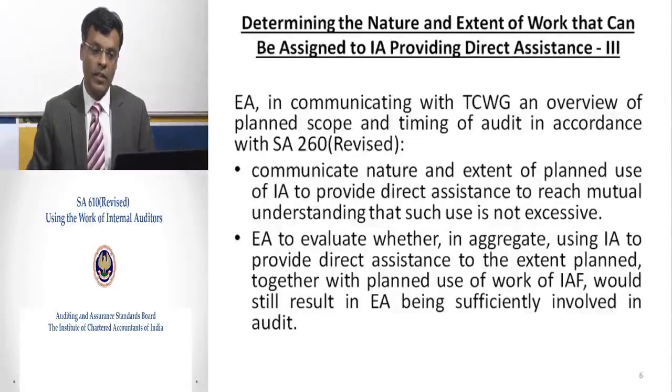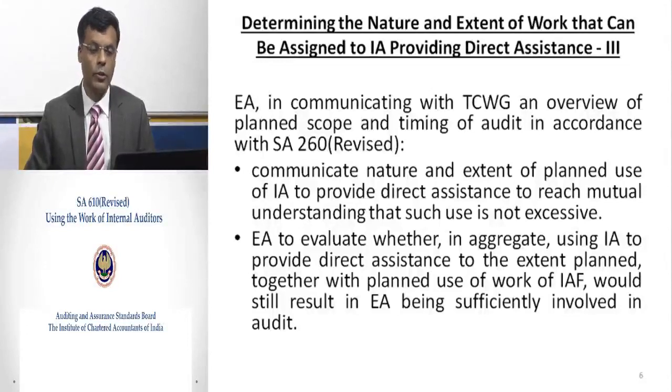The external auditor, in communicating with those charged with governance an overview of the planned scope and timing of the audit in accordance with SA 260, should communicate the nature and extent of the planned use of internal audit to provide direct assistance, to reach a mutual understanding so as to ensure that the reliance on internal audit is not excessive.